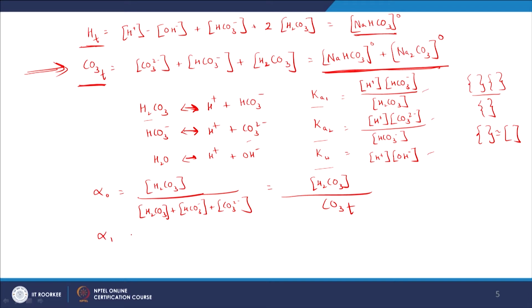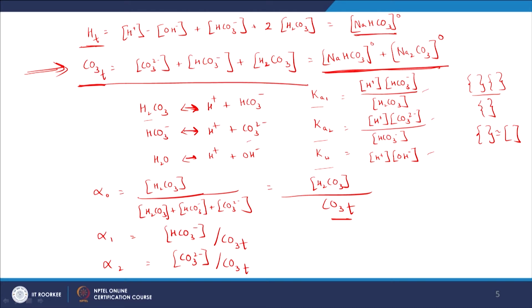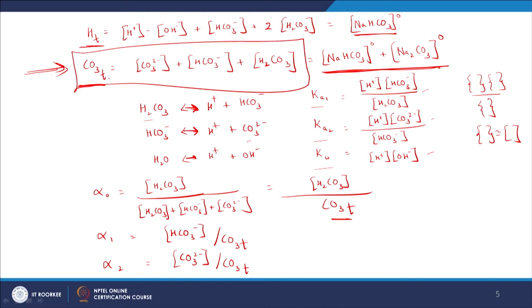Similarly, alpha 1 is equal to HCO3 minus by CO3 total, and alpha 2 is equal to CO3 2 minus by CO3 total. Again, we have CO3 total from this particular equation here. Anyway, we are done with that for now.